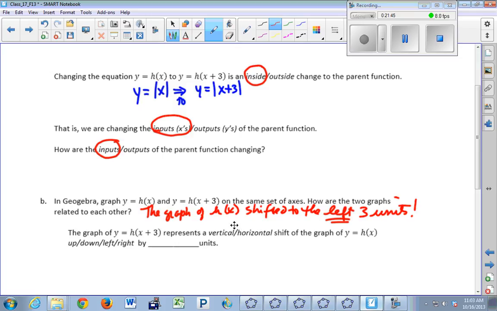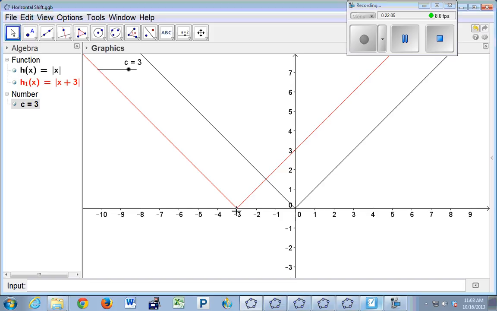One way of thinking about this is when you compare x plus 3 to x, you say to yourself, what could you do to x plus 3 to get back to x? You would have to subtract 3, yes? So subtracting 3 makes a little more sense. So look at here. Here's my original points, they're going to be in black. Here's 0, 0.